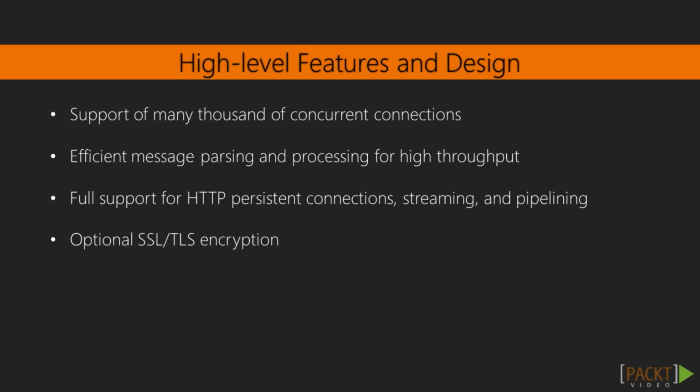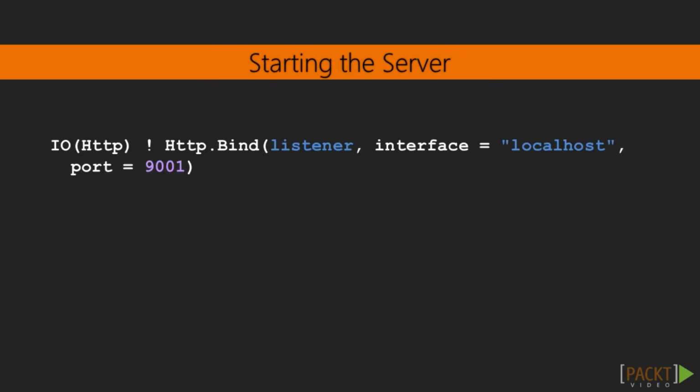Although our book catalog RESTful web services are not explicitly using advanced HTTP protocol features like persistent connections, streaming, and pipelining, spray-can supports those as well. As we already know, the spray-can HTTP server is built on top of the Akka framework and actors. In terms of implementation, the spray-can HTTP server could be started by sending an Http.Bind command to the HTTP extension hosted by the Akka IO layer.